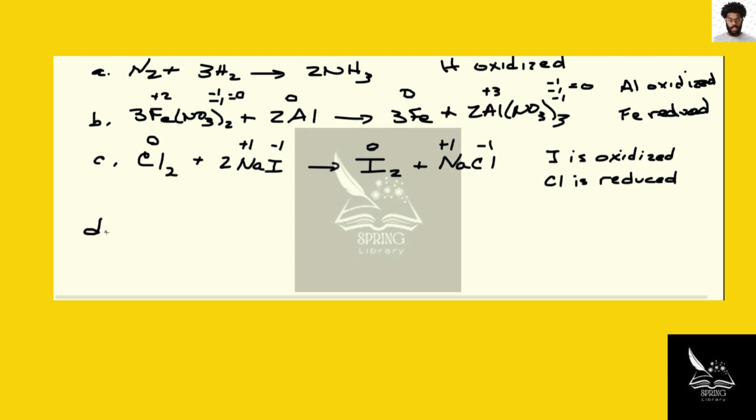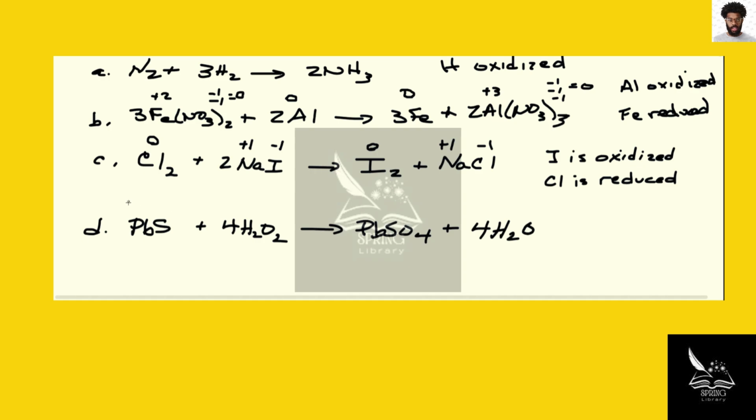And the last one is a tiny bit tricky. We have lead 2 sulfide and hydrogen peroxide, which becomes lead 2 sulfate and water. Okay. So sulfur here is normally its charge is -2.